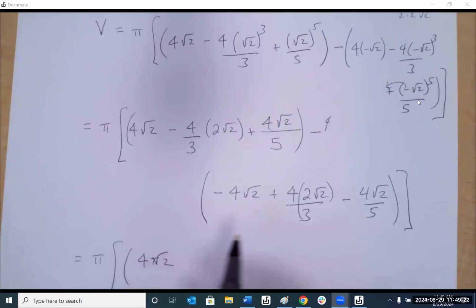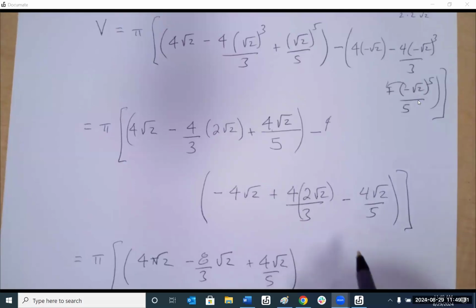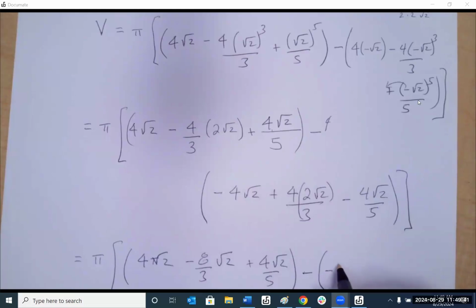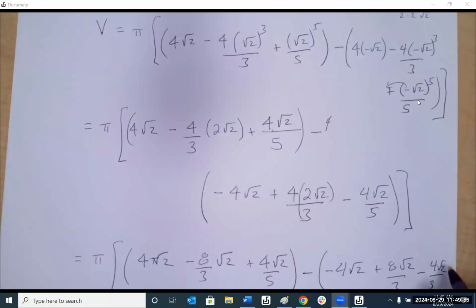4 radical 2 minus 8 over 3 radical 2 plus 4 radical 2 over 5. Negative 4 radical 2 plus 8 radical 2 over 3 minus 4 radical 2 over 5.